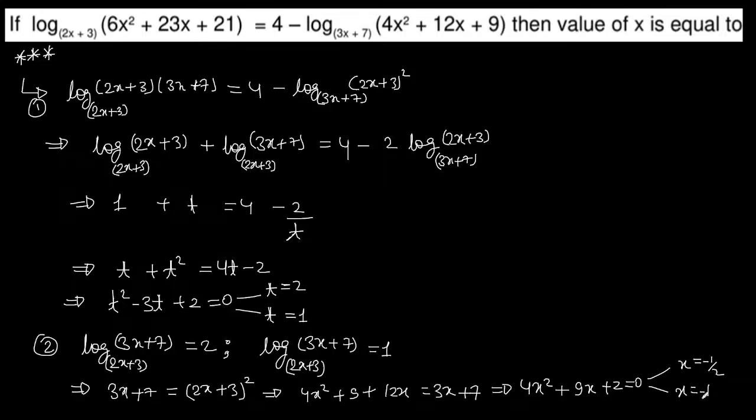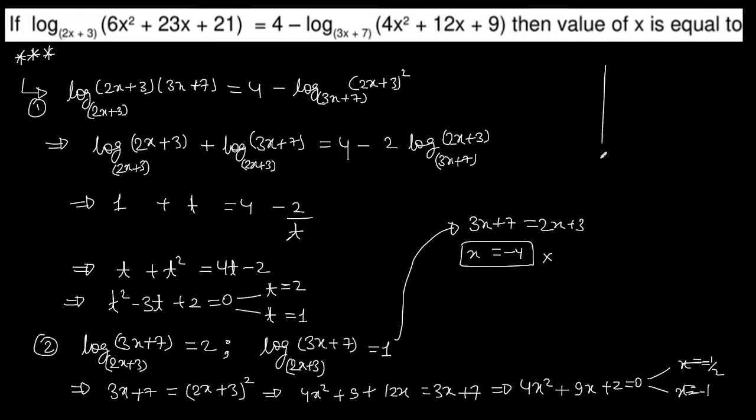No, no. From here we are simply getting 3x plus 7 equal to 2x plus 3. So x equal to minus 4. We will have to put this and check it. If x is minus 4, it is 12 minus 12 plus 7. So this is rejected. From here we are trying to find some value. We will calculate it, okay?